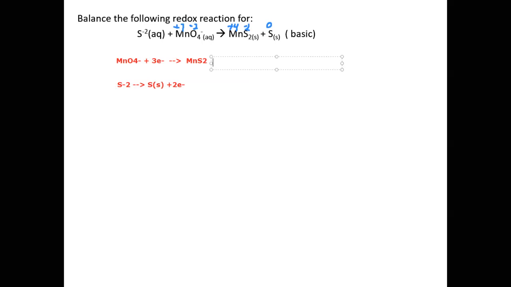We need to put 4 H2O. Again, this is oxidation down here. And then I know I'm ignoring that 2S2 right now. You'll see where I'm going with it in just a second.